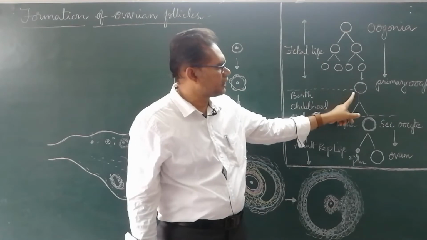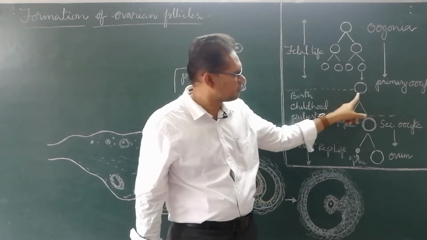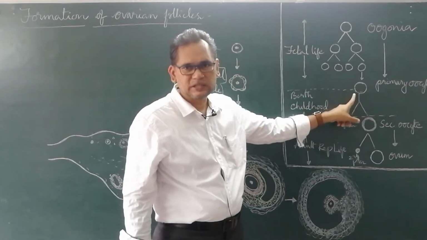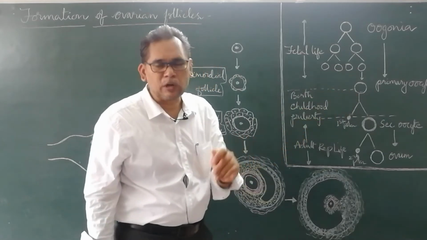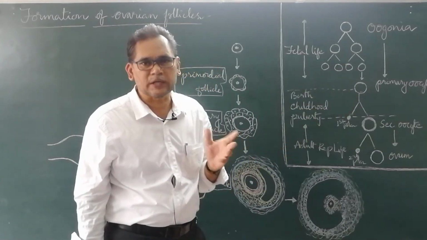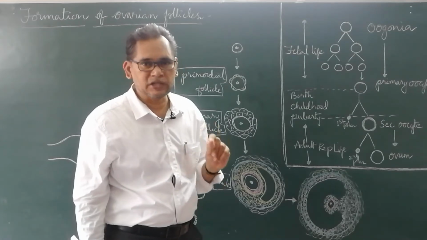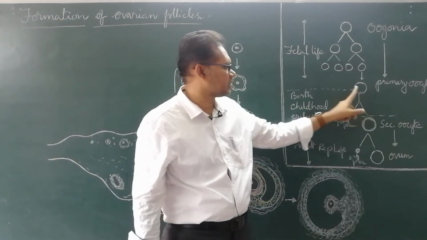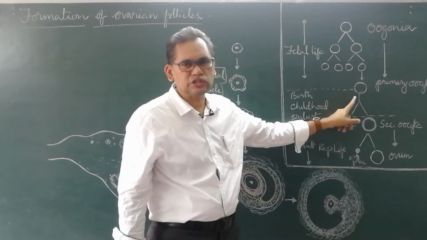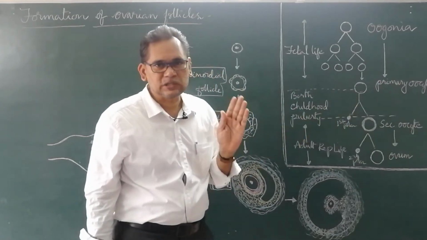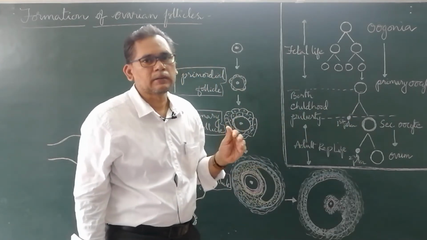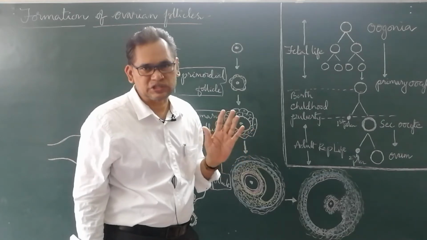These primary oocytes begin what we call meiosis 1. Meiosis consists of meiosis 1 and meiosis 2. Meiosis 1 stops at the prophase, at the diplotene stage.